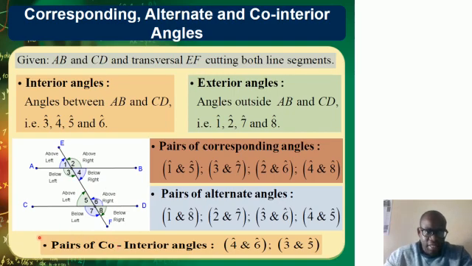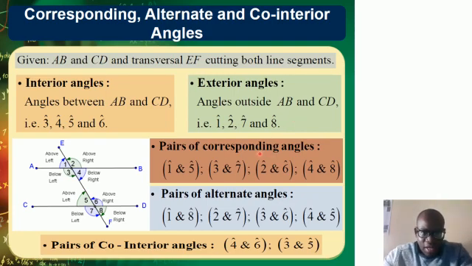I can see that angles 3, 4, 5, and 6 are interior angles. 3, 4, 5, 6. And which angles are the exterior angles on this diagram? Angles 1 and 2, which are on top of line AB, and angles 7 and 8, which are below line CD. And how can you use these interior angles and exterior angles to identify pairs of corresponding, alternate and co-interior angles?